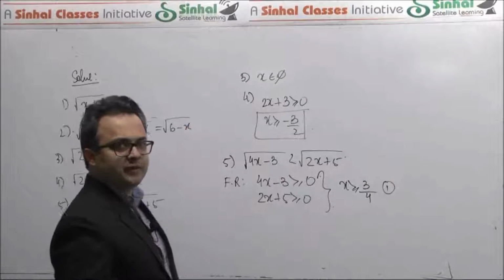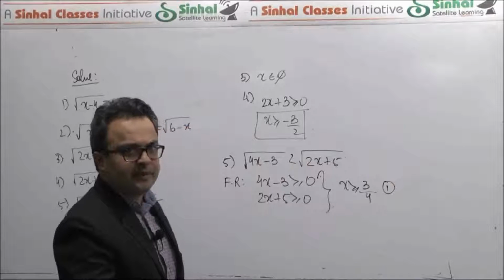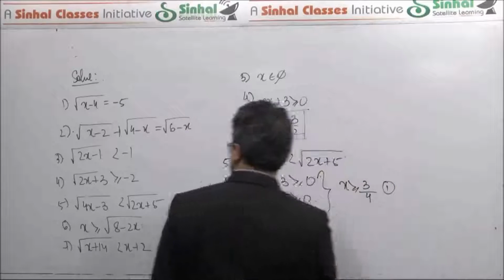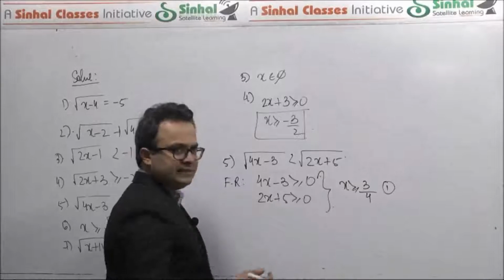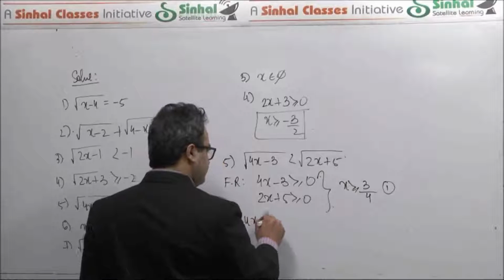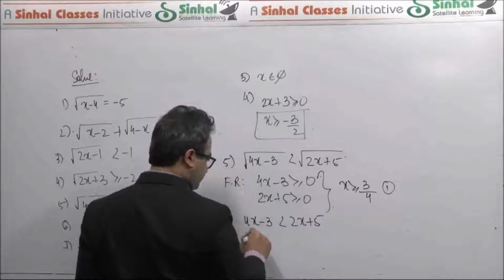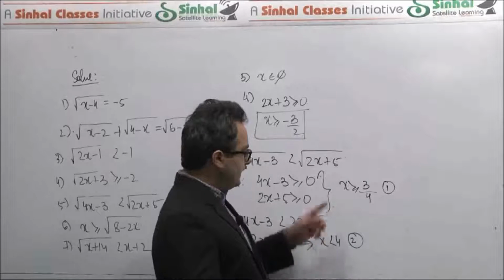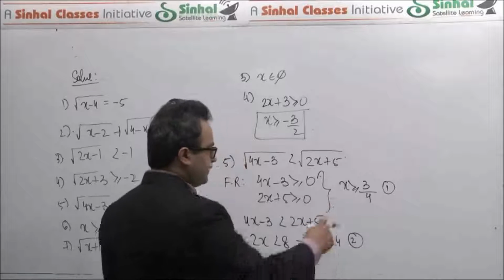If I solve these simultaneously, I'll get the values of x to be greater than or equal to 3 by 4. And now, coming back to the actual inequality, since both sides are greater than or equal to 0, I can square both sides. So now if I take an intersection of 1 and 2, I'll get my set as 3 by 4 to 4.